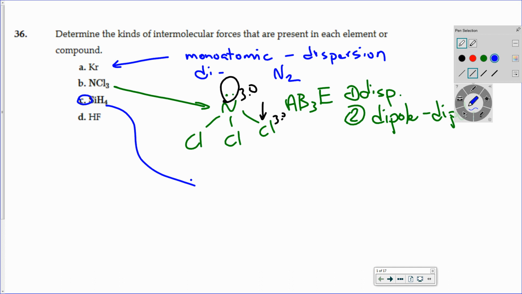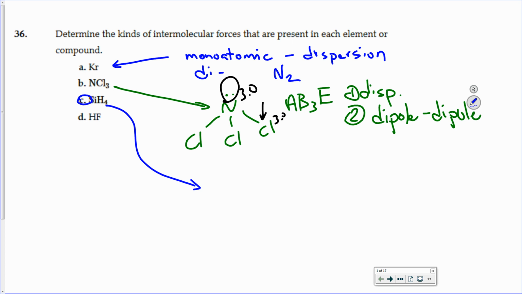Right? If I look at the next one, silicon tetrahydride, there are 4 hydrogens on it. Silicon is underneath carbon in the periodic table. Remember the trend is that everything wants to be just like everything in that group. What's above silicon in the periodic table is carbon, and carbon wants to be found with 4 things bound to it, no lone pairs of electrons.